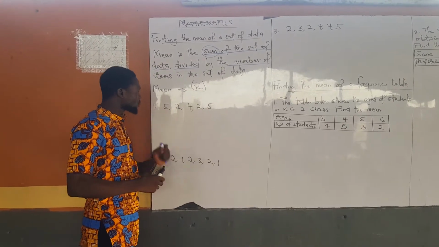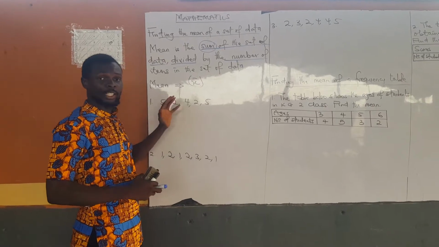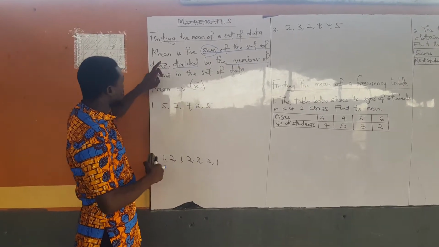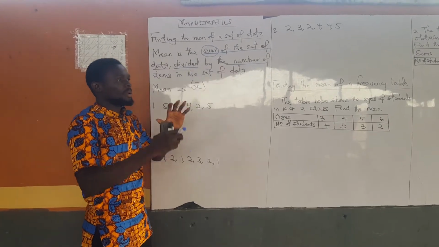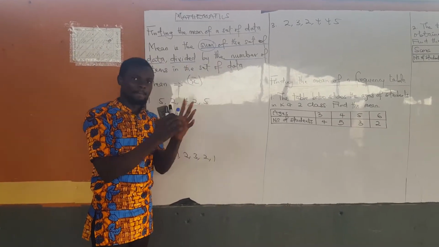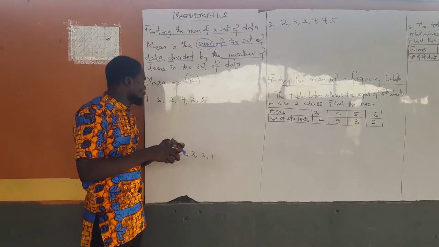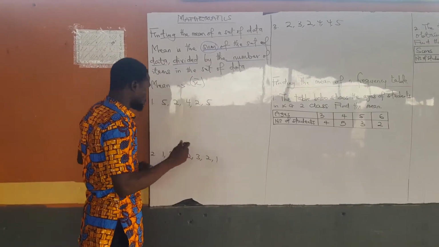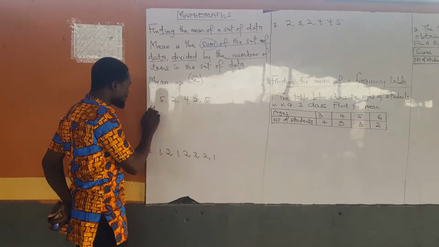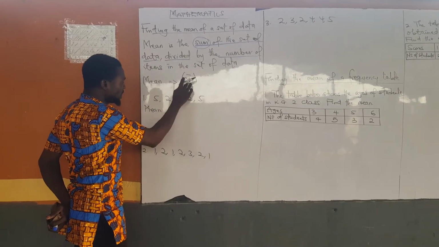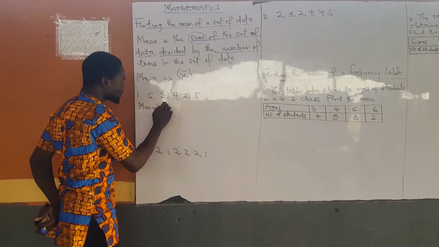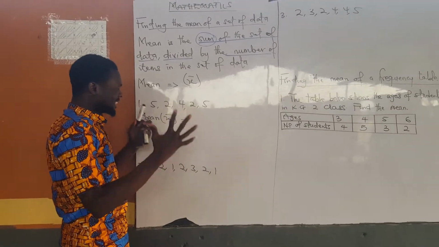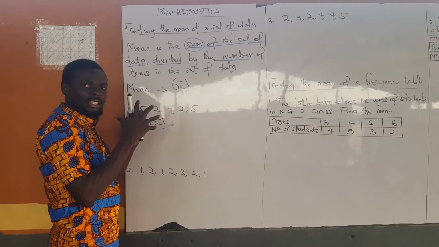Now we have the first question, which says that we have to calculate the mean of the set of data. From the definition, mean is the sum. So to calculate the mean, which is denoted by this sign, is equal to the sum of the set of data.